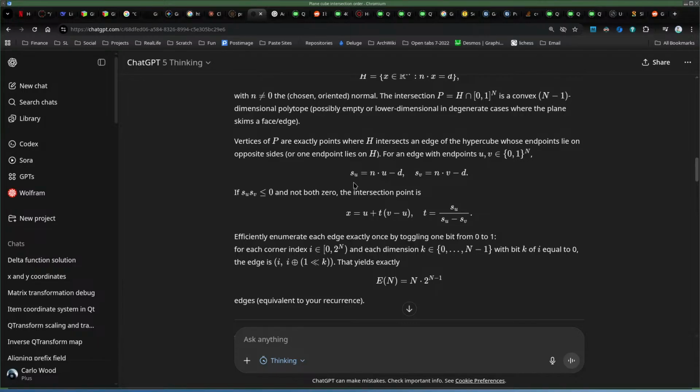What is S? Oh, those are the endpoints, I guess. No, it's not. Gee, maybe the definition here.